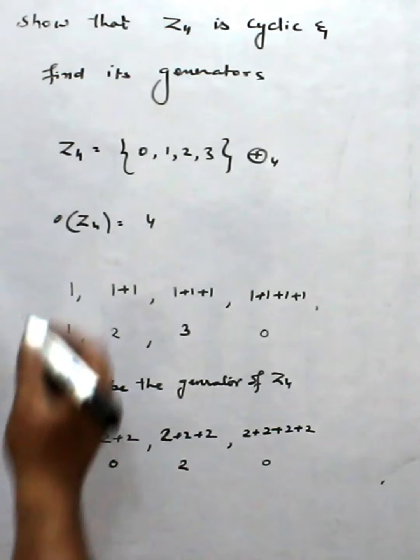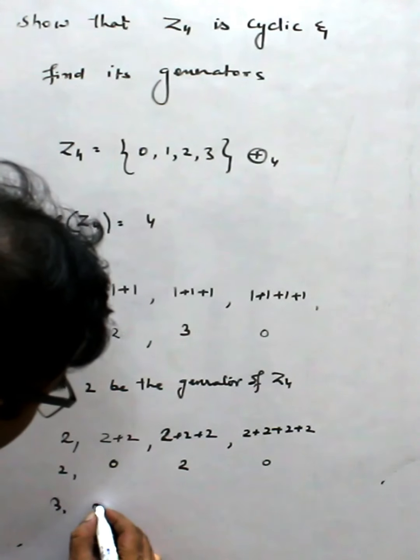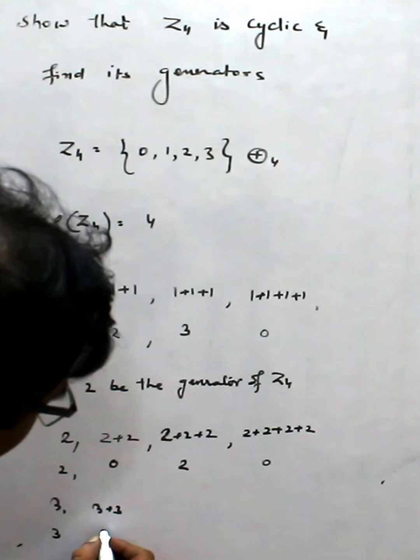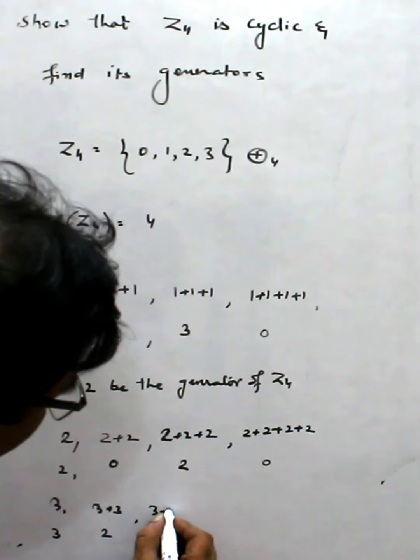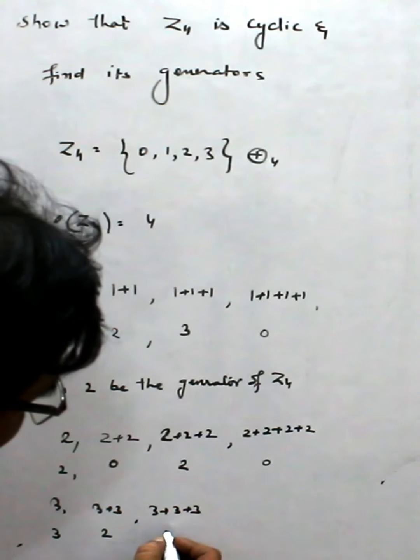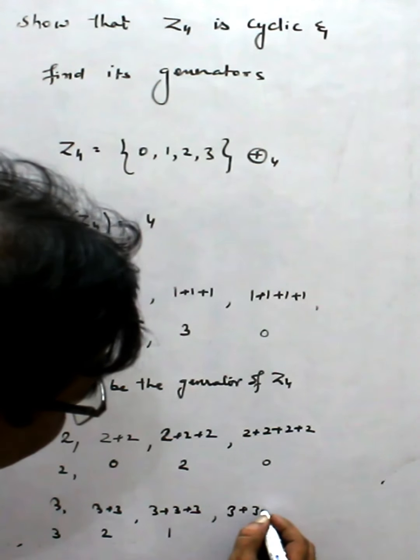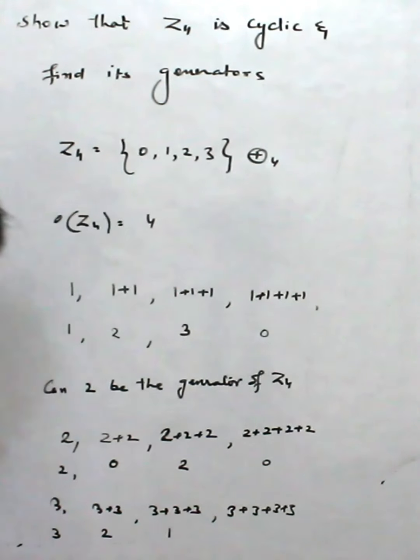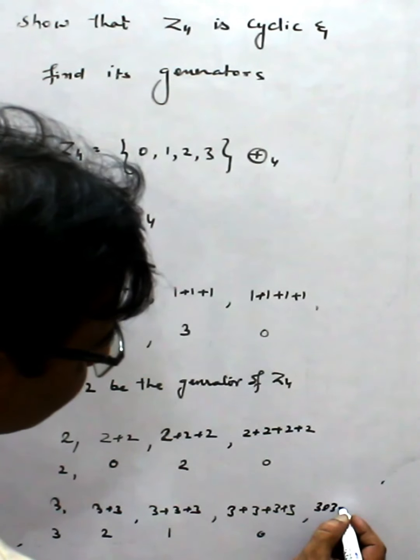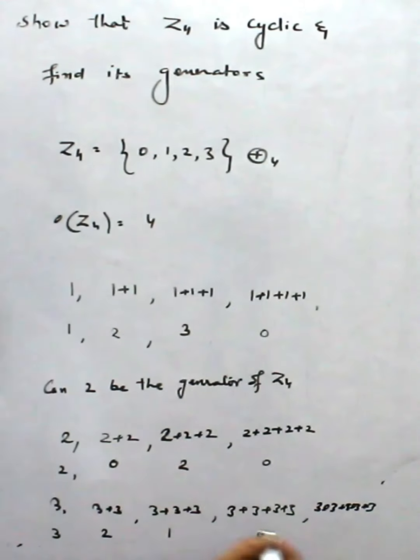Now what about 3? Okay, 3 added to 3 we get 6, and 6 divided by 4 gives 2. Now 3 plus 3 plus 3 becomes 9, and 9 divided by 4 gives 1. 3 plus 3 plus 3 plus 3 is 12, which when divided by 4 gives 0. And 3 plus 3 plus 3 plus 3 plus 3 is 15, which gives 3 again.